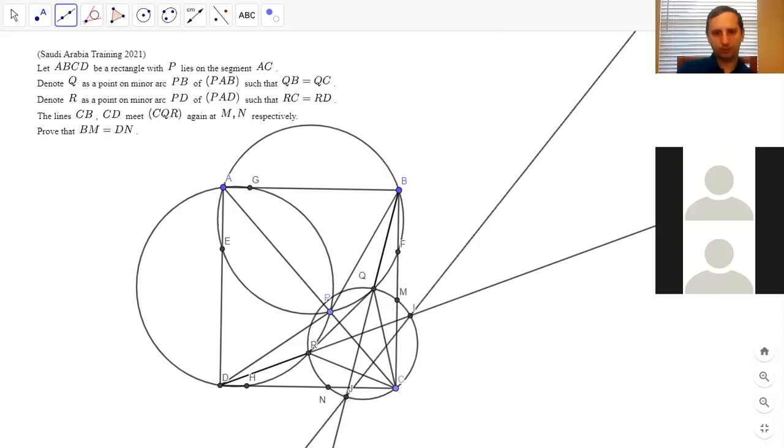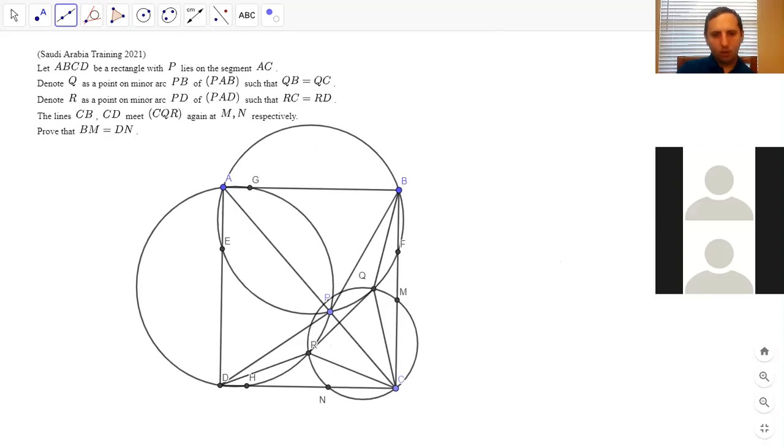I don't know if those points would really help. What if I drew this point right here?